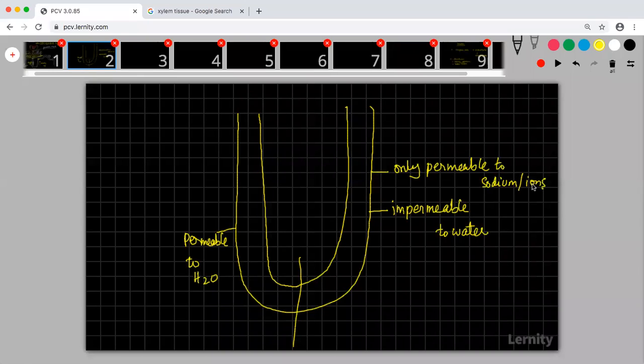Now what will happen? Let us say that here water is getting absorbed, so throughout this area it will be absorbed. As it is coming here, water cannot come out. So what will come out here? Here only sodium will be coming out.